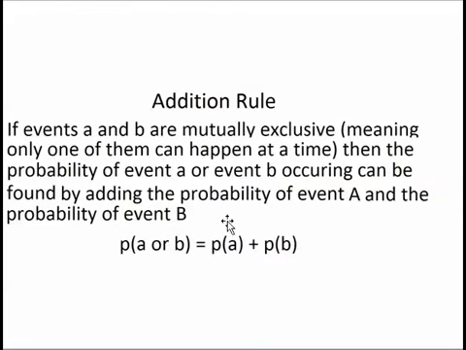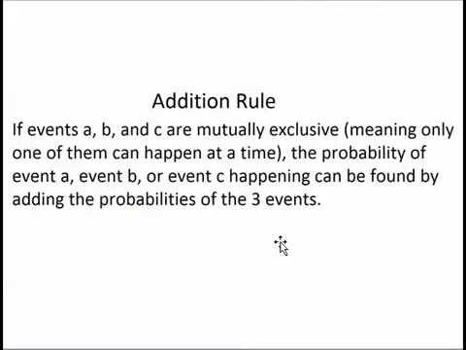So here's the addition rule down here in symbols. It says that if events A and B are mutually exclusive, then the probability of event A or event B happening, one or the other, is equal to the total of the probability of event A and the probability of event B. Here's an extension of the addition rule.